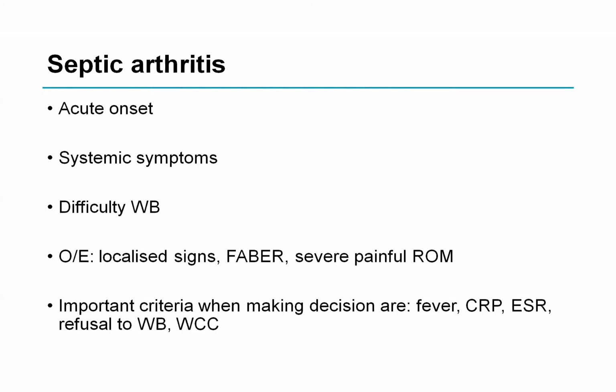So it's serious, and it's important to diagnose it early and be able to treat it. They are typically unable to weight bear on their hip, and they will have localized signs when you examine them, so it could be redness, swelling, and tenderness on palpation. The hip will usually be held in flexion, abduction and external rotation. And why is that position? Because it is the position where the capsule is least stretched naturally.